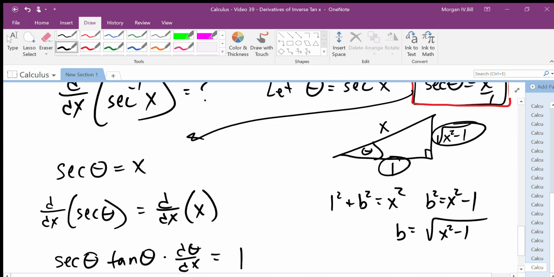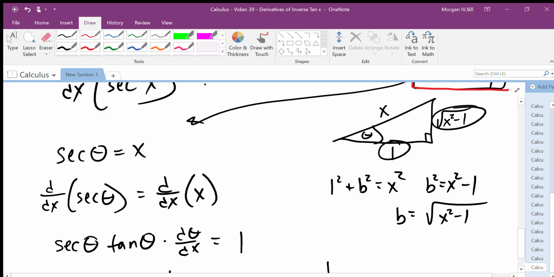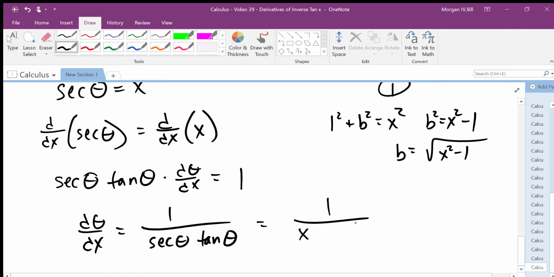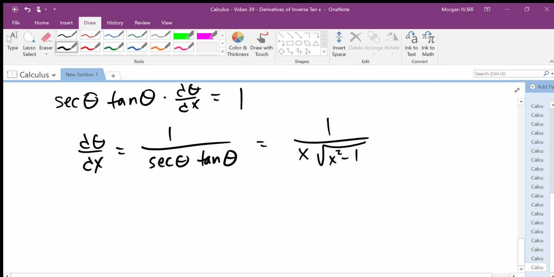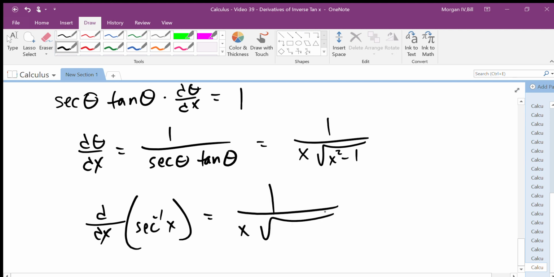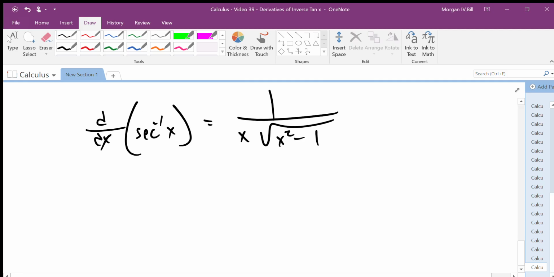So tangent is the square root of x squared minus 1 over 1, or just the square root of x squared minus 1. And that seems to be, then we're done, seems to be almost done. The derivative of inverse secant of x appears to be 1 over x square root x squared minus 1. And it is, except for one little thing here.